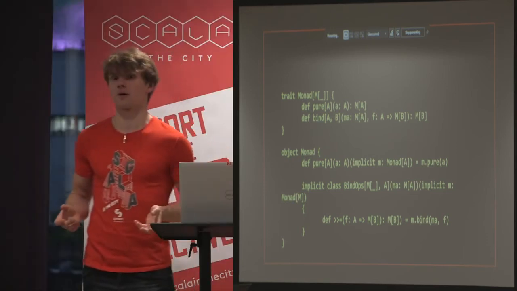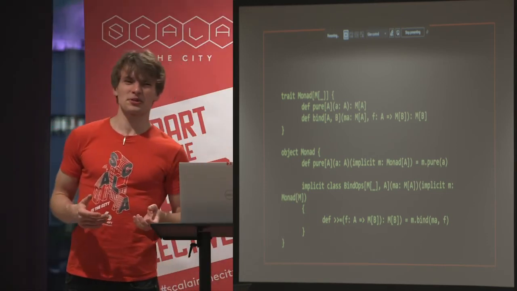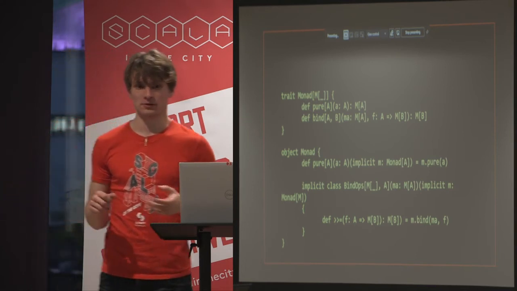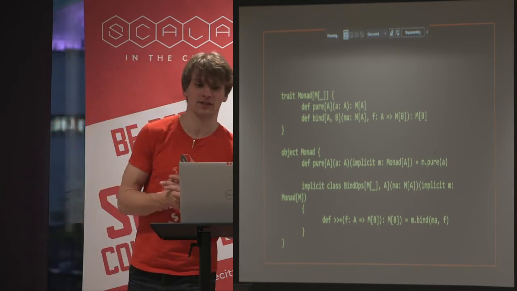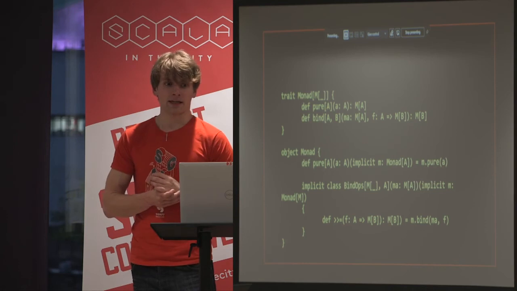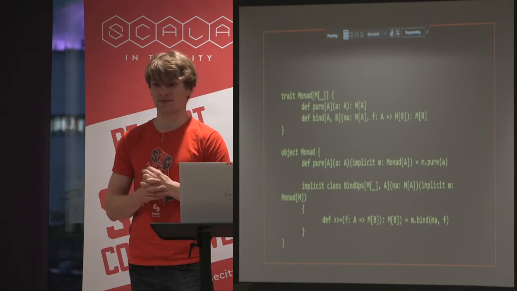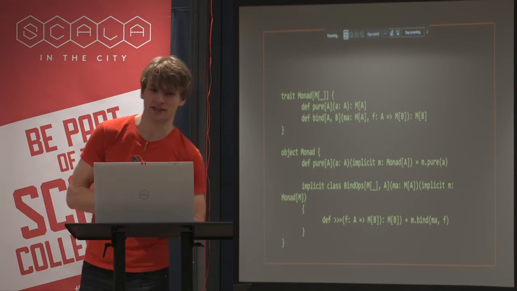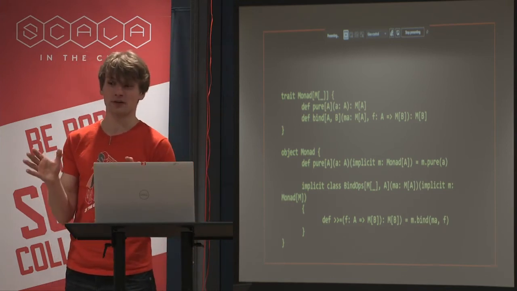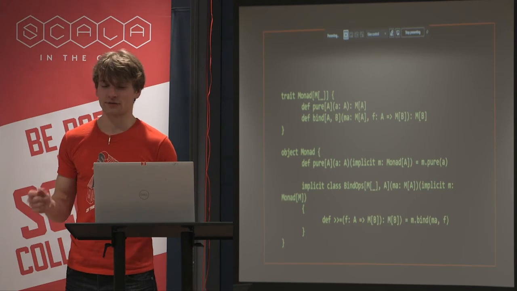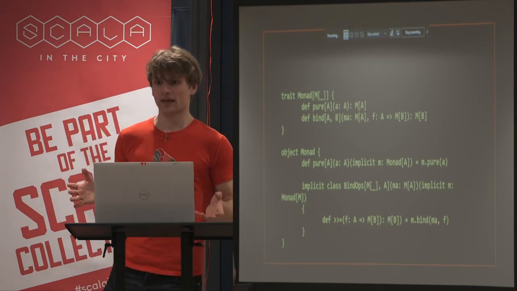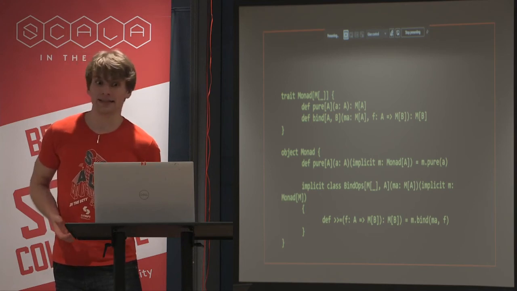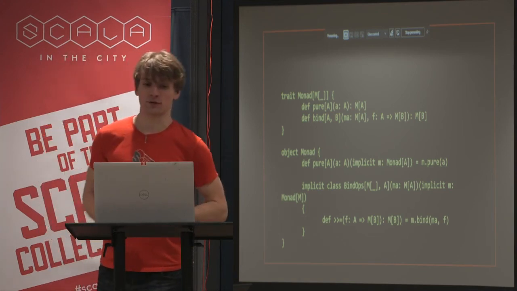As I mentioned before, functors don't really explicitly crop up in Scala until you use functional libraries, such as Cats, and a similar thing is true for monads. You don't have a monad type class as such in the standard library, but you do already have many different types which act like monads, namely options, eithers, lists, and futures, for example.